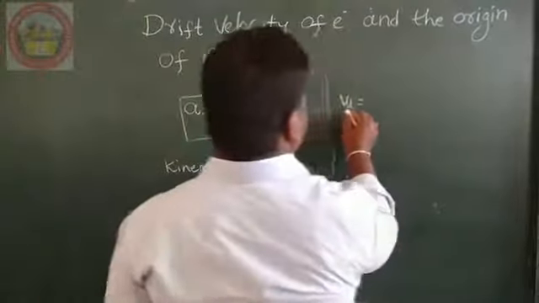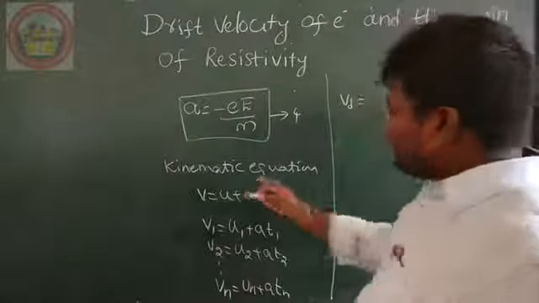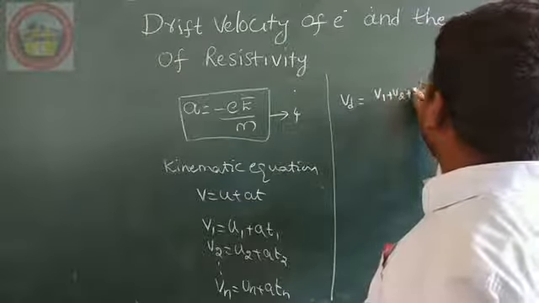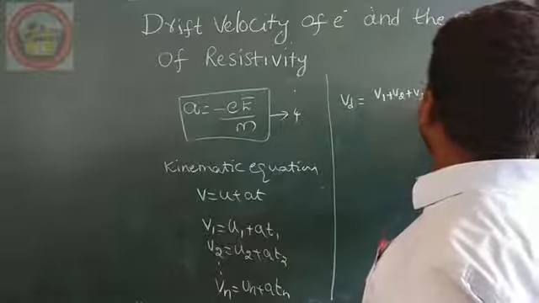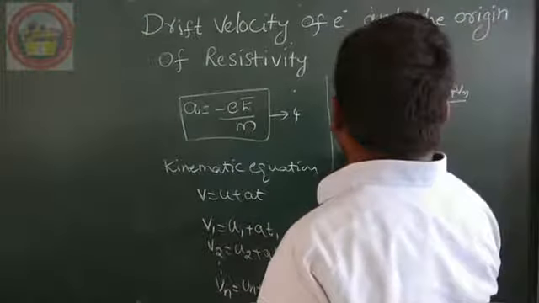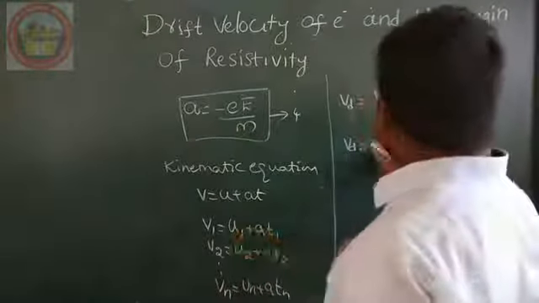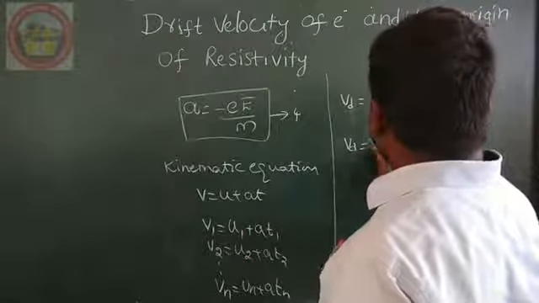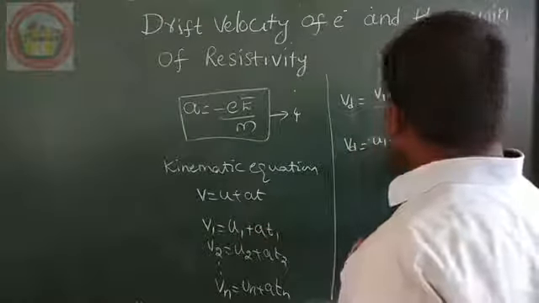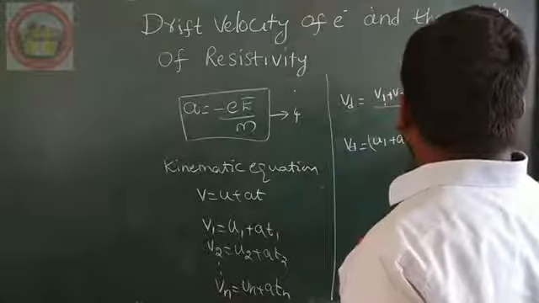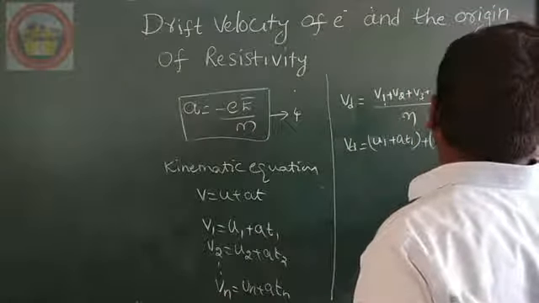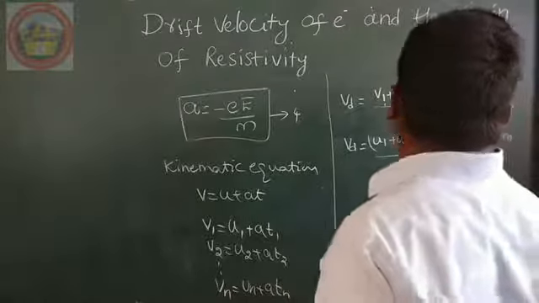The drift velocity is the average of the final velocities: Vd is equal to v1 plus v2 plus v3 and so on up to vn, divided by the number of electrons n. That is, Vd is equal to u1 plus a t1 plus u2 plus a t2 and so on plus un plus a tn, divided by n.